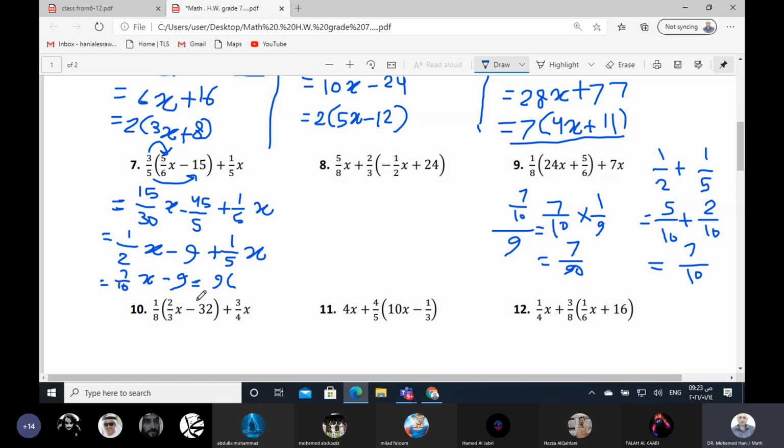So the answer will be 7 over 90 x. Then 9 divided by 9 will be 1. Okay? Try to solve number 8, please.